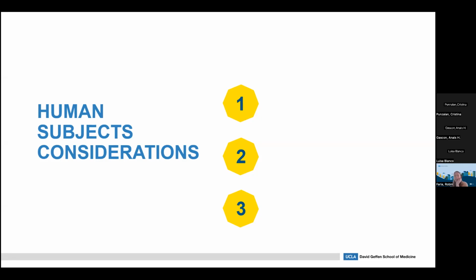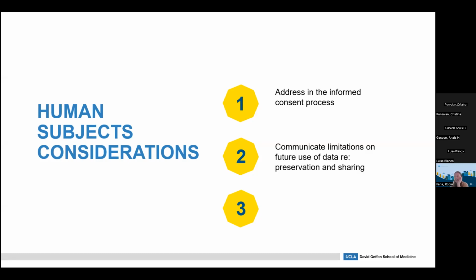The NIH mentions that if you're thinking about this data plan, you should also think about how you're going to incorporate the policy into the informed consent process, and communicating with the NIH on this particular plan about any limitations on future use, including preservation and sharing, such as, would patients need to be reconsented at some point to continue to share the data, those kinds of things.